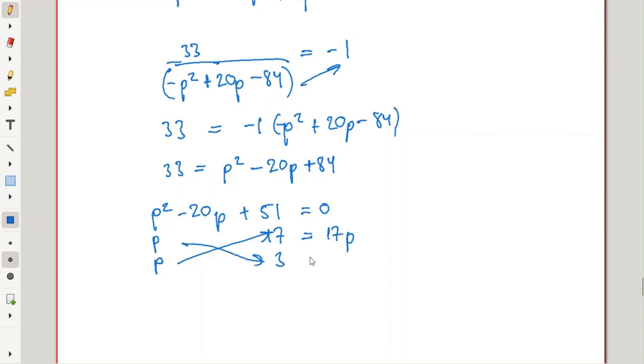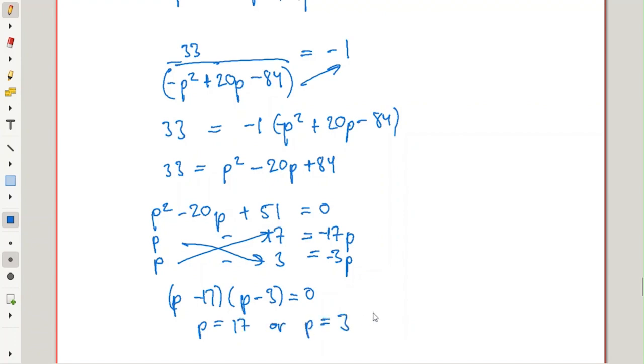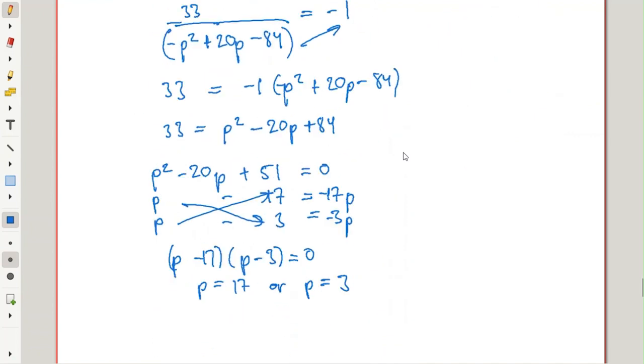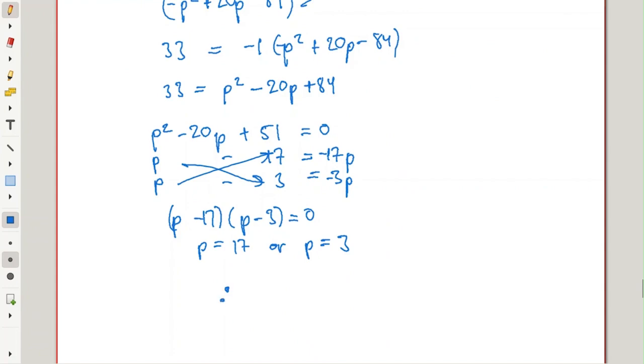This time this should give me 3P. What can I do to these two to get a middle number here? When it's minus minus. So these are the expressions you get. So P is equal to 17 or P is equal to 3. However, they say that our value is less than 10. So therefore, the value of P is 3.